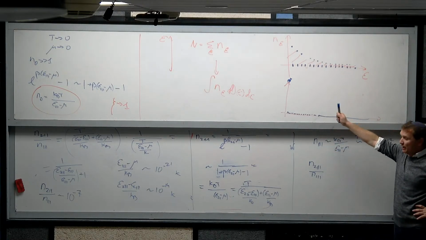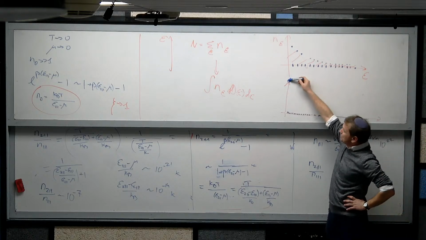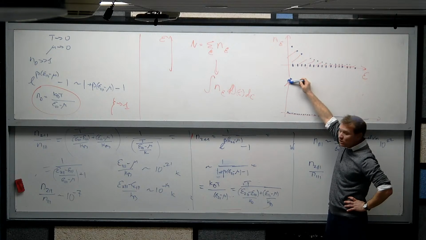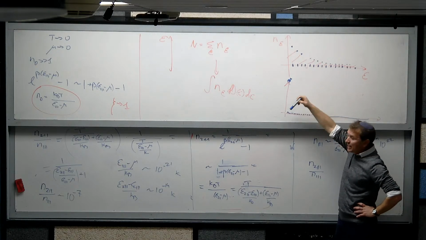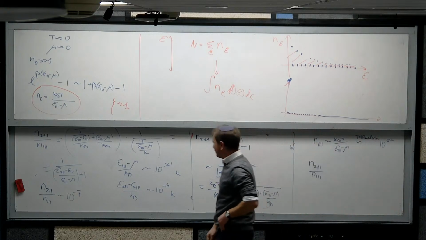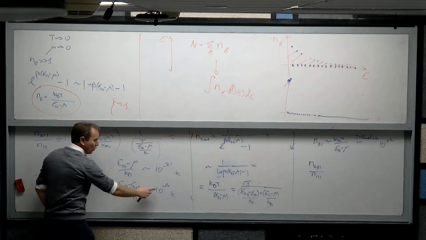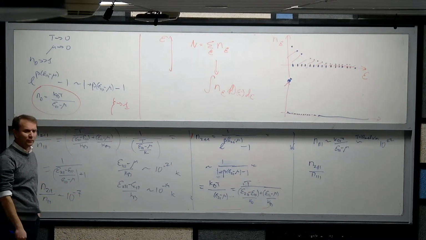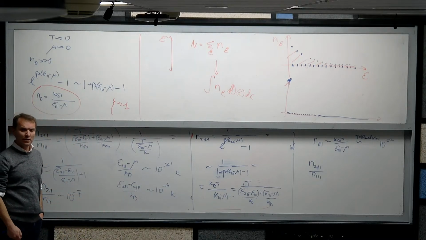But what we got is that there is a bunch of particles at the lowest level for low temperatures. And when I consider the next energetic level, which is separated from this ground state by only 10 to the minus 14 Kelvin, I obtain a huge drop-off in the number of particles. And this is crucial.